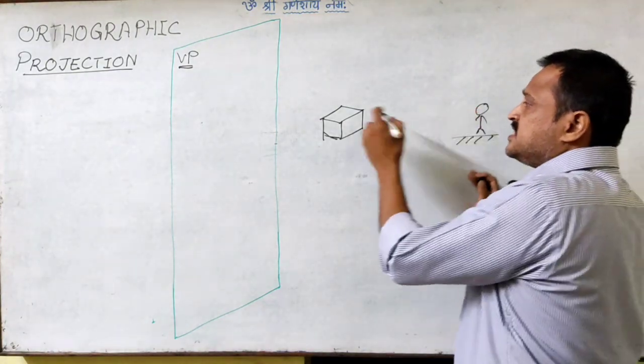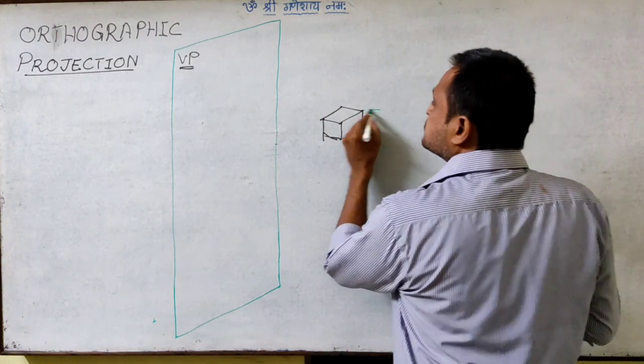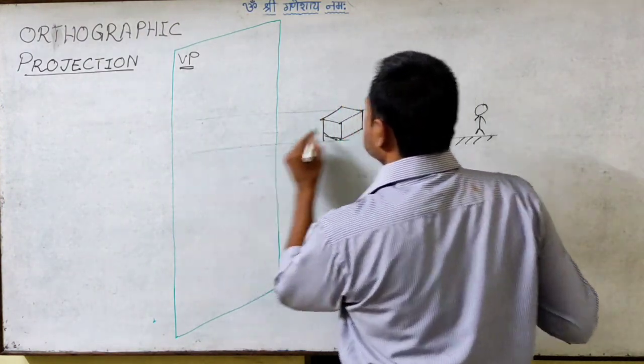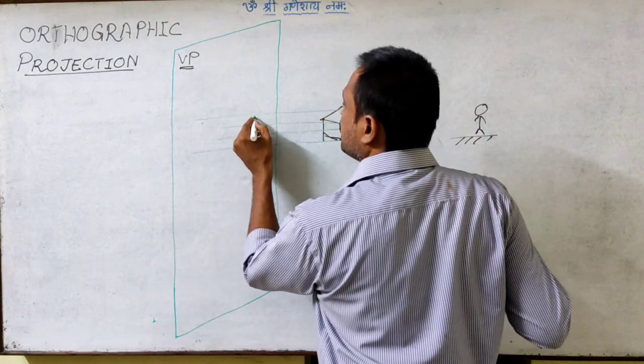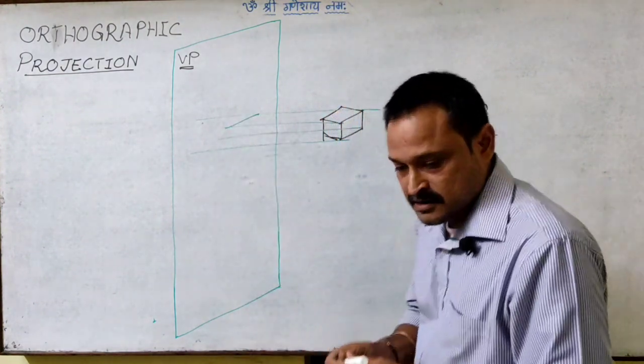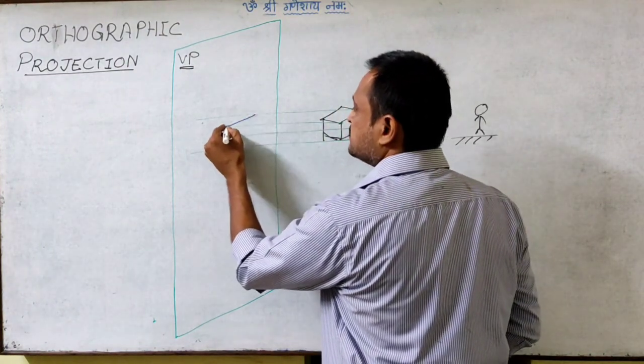Now when we are taking the image, these light rays or sight rays or projectors will pass through all the corners and I'll get the image of this object on the screen.